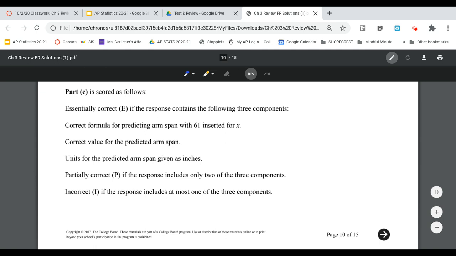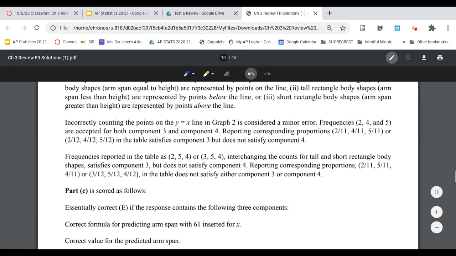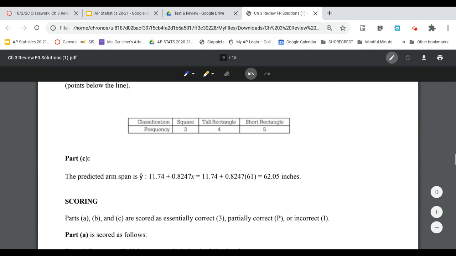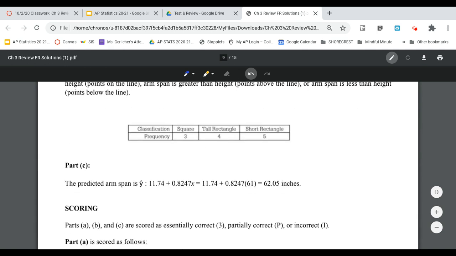Okay, so for part C, let me scroll up to show their actual answer, since you're really just checking numbers. This is what they would look for: 3 square, 4 tall rectangle, 5 short rectangle. And then for part C, you're just plugging 61 in for x in the least squares regression line and getting an answer.